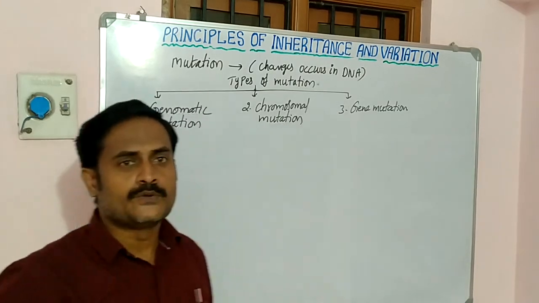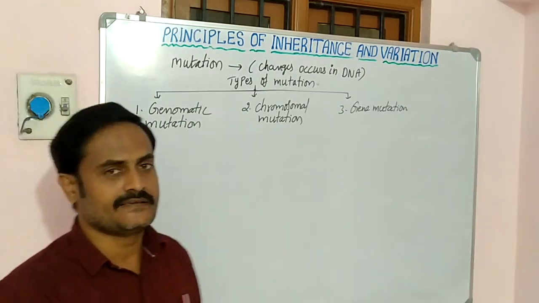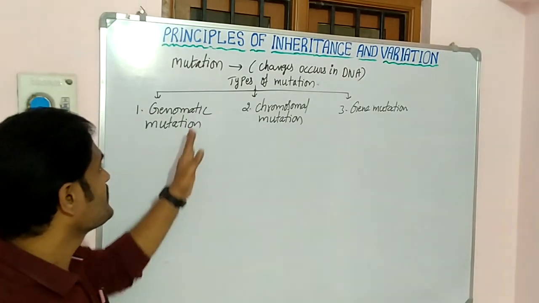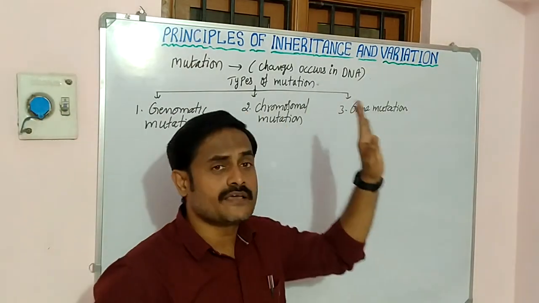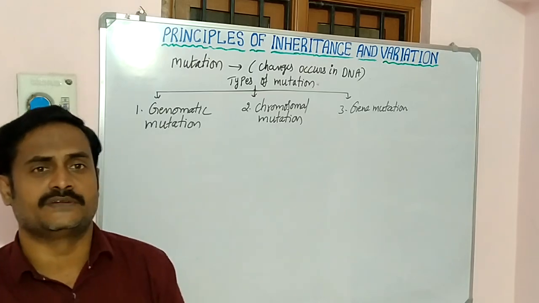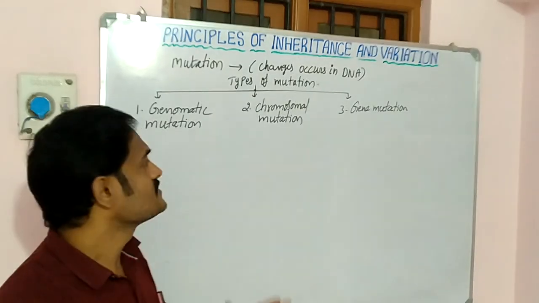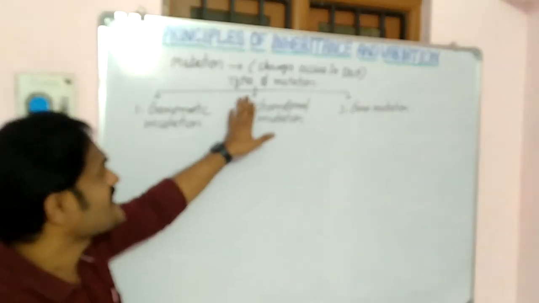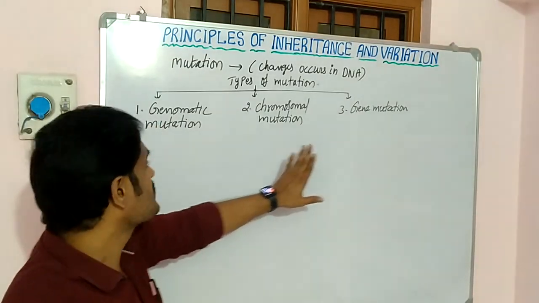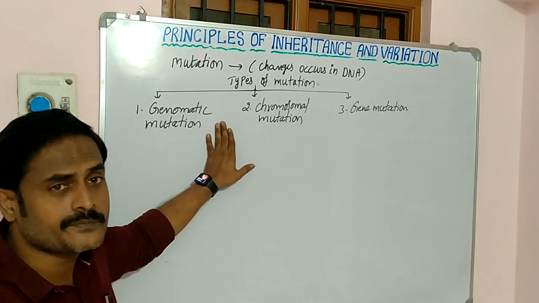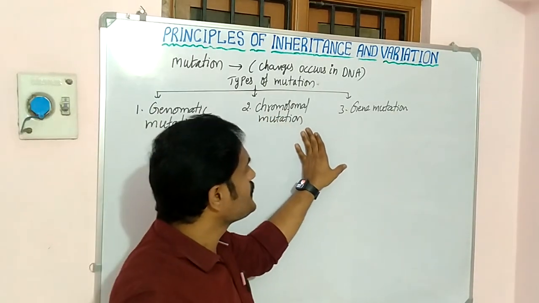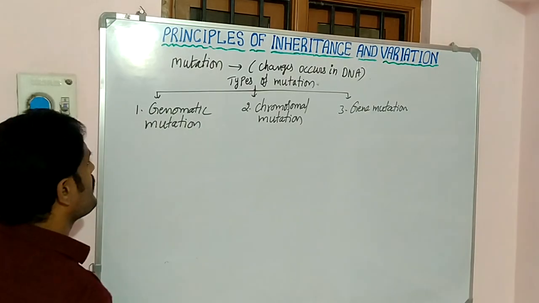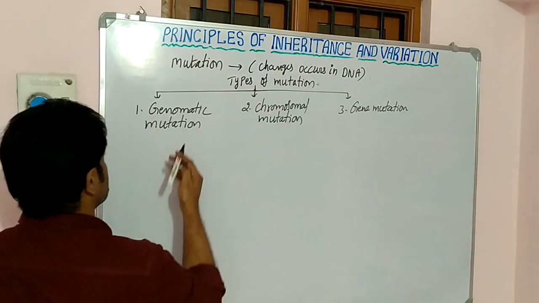Okay, mutation is not a single type. Just as mutagens are of two types, here all types of mutations are not similar. They have some special characters. Based on their characters, they are classified into three types: genomic mutation, chromosomal mutation, and gene mutation. So now coming to the genomic mutation.